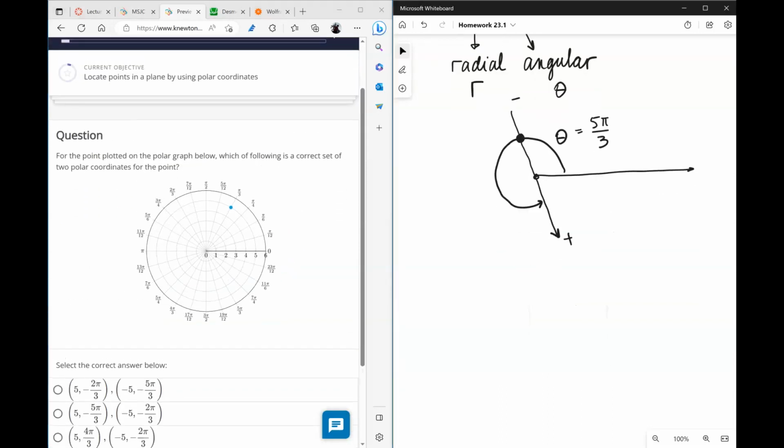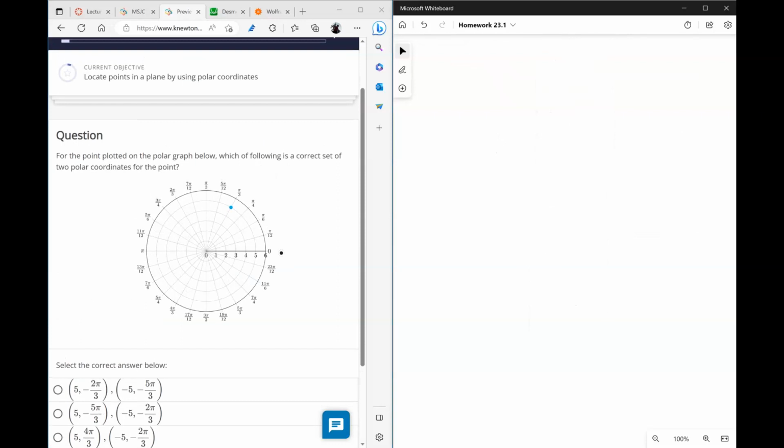Alright, so let's take a look at the next question. For the point plotted on the polar graph below, which of the following is the correct set of polar coordinates for the point? So we clearly see that we are pointing in the pi over 3 direction, right? But there are two ways to get here.